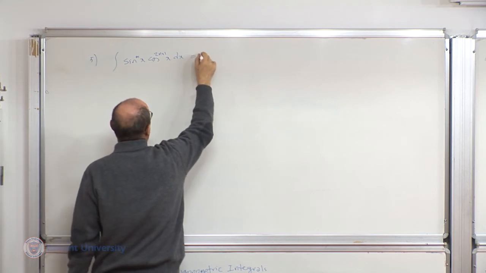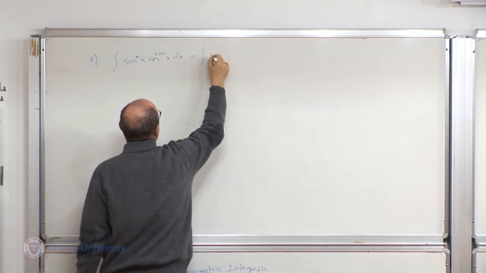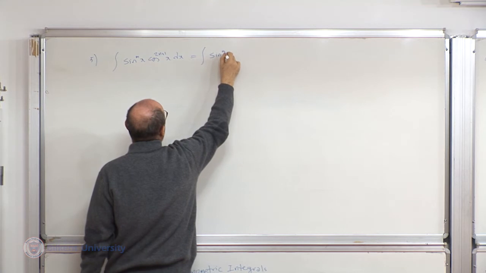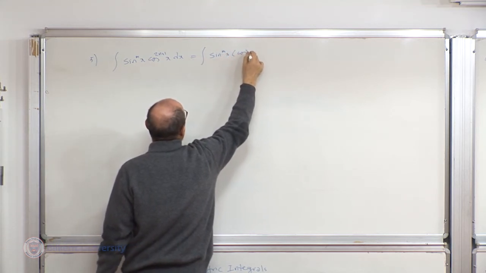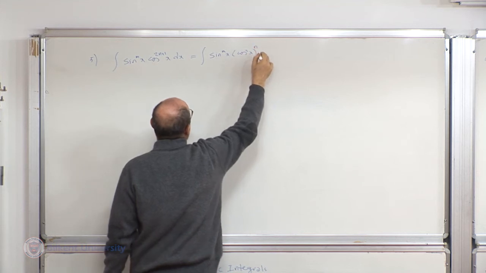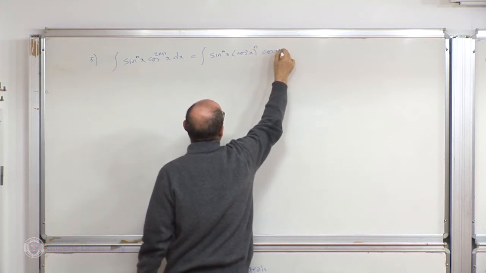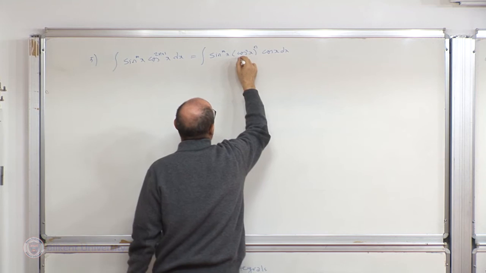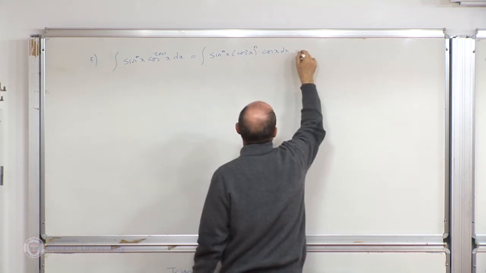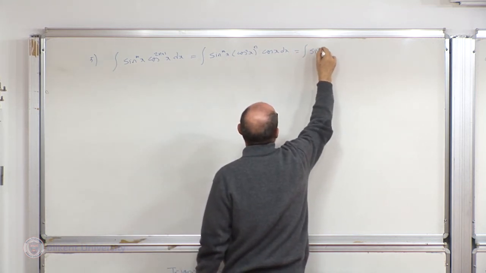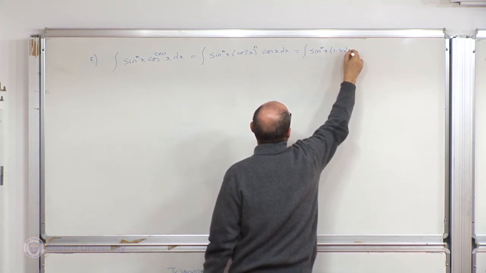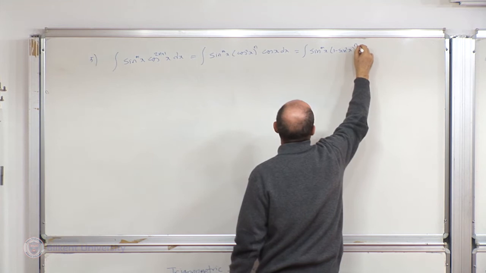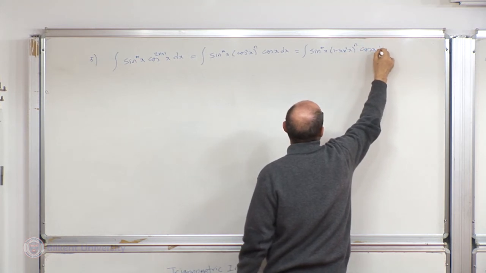Here again we use the idea that works so much. Sine^m x, this is now cosine square x to the power n, and I have an extra cosine x dx. I write this as sine^m x (1 minus sine square x)^n cosine x dx.